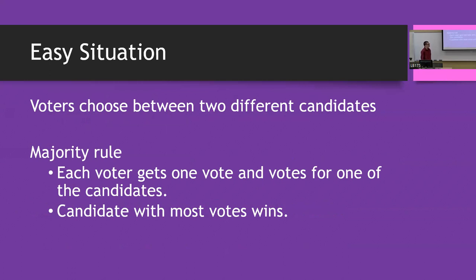If we have 2 candidates, then what we do is we use what's called majority rule. Every voter is going to get a single vote, and they can either vote for candidate A or vote for candidate B. Once it's all said and done, whichever candidate has the most votes wins.